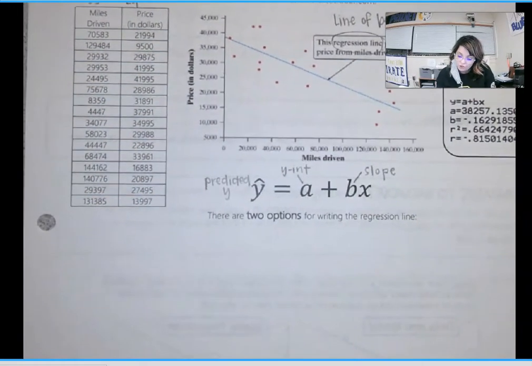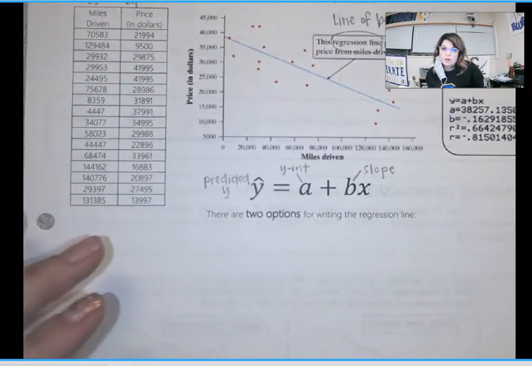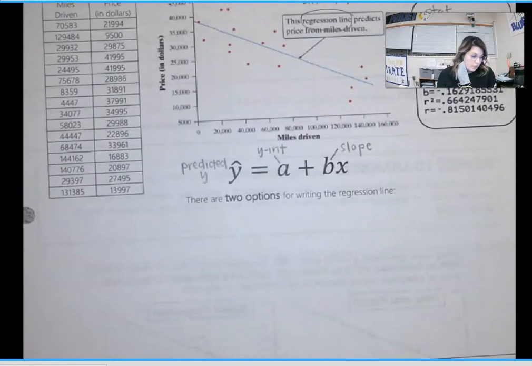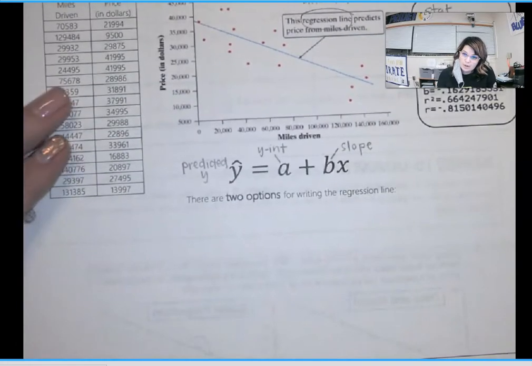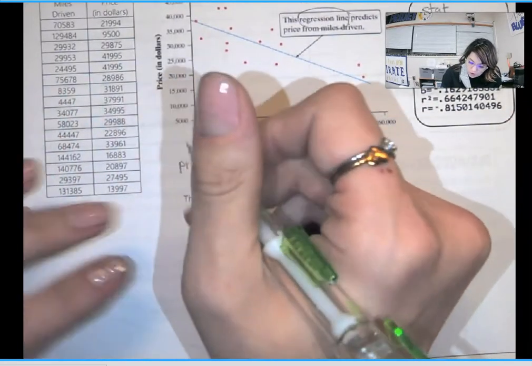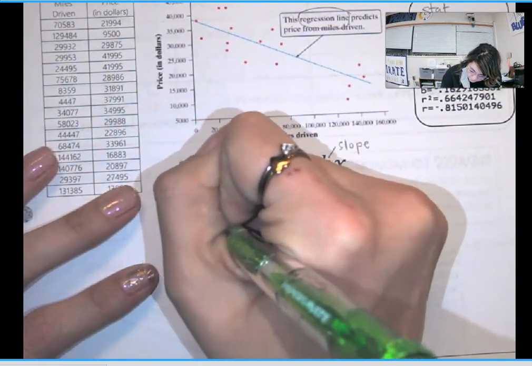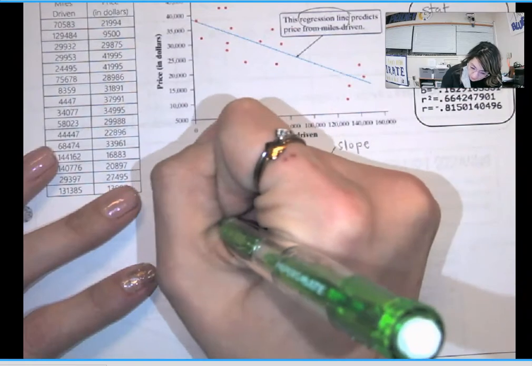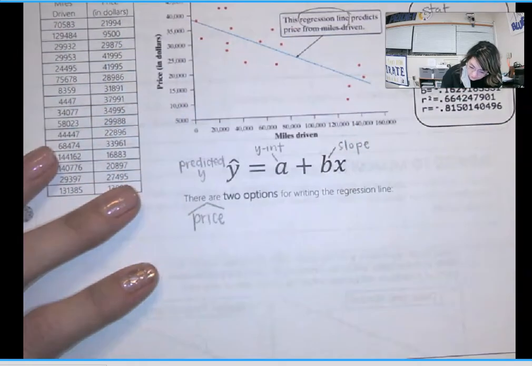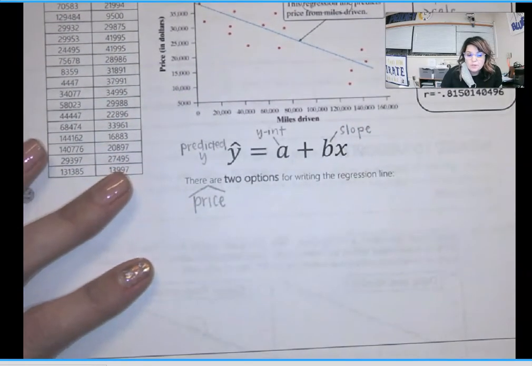Okay, so two options for writing the regression line. The first one is using words to describe the variables. So our y is price, and we would need to put a hat over that because that means predicted price.